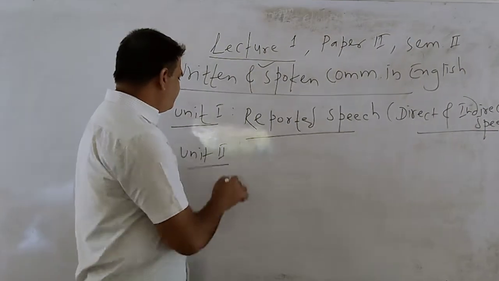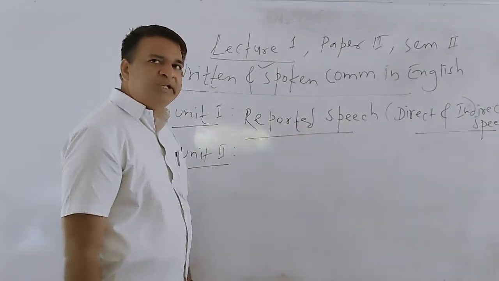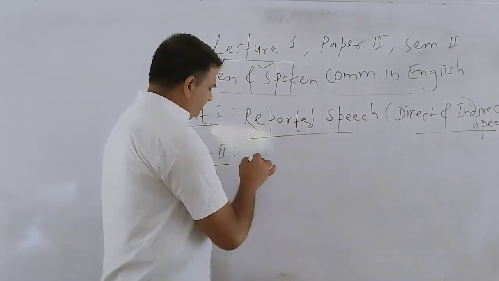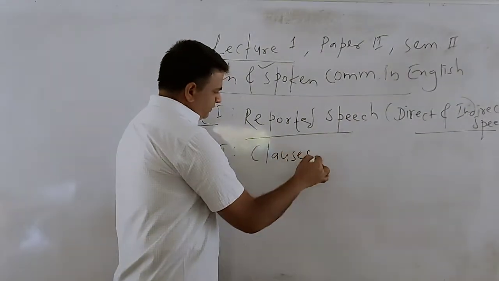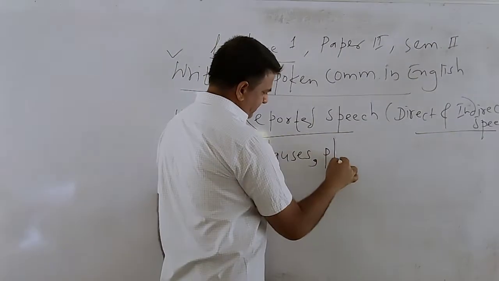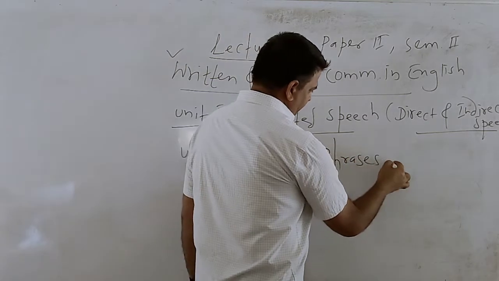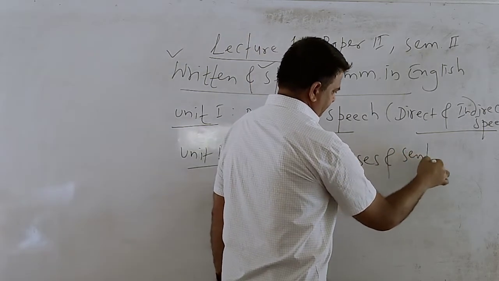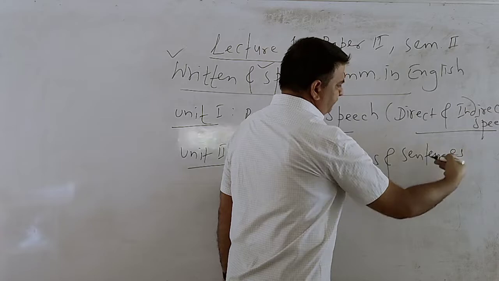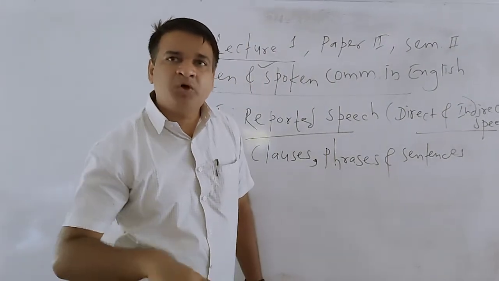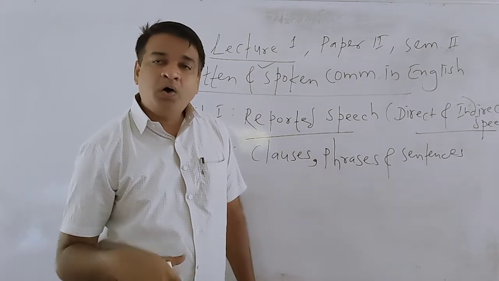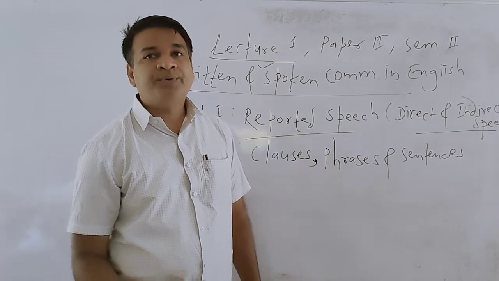Besides this unit 1, we have unit 2 on clauses, phrases and sentences. You will be given some examples and you have to highlight whether it is a sentence, clause or phrase.